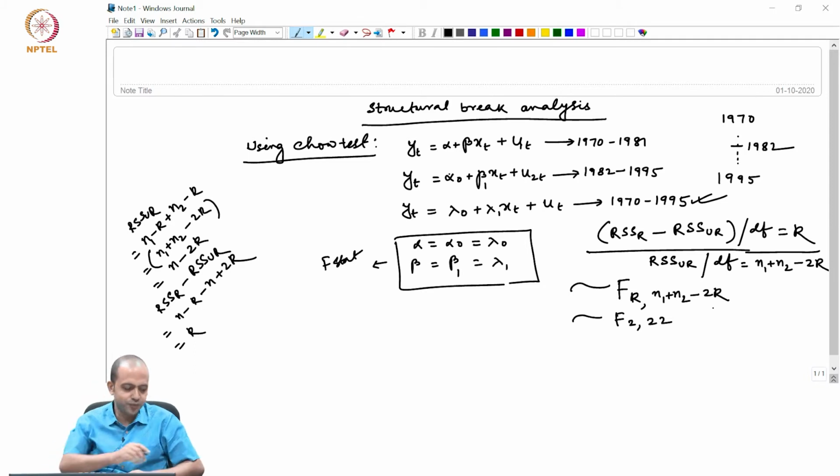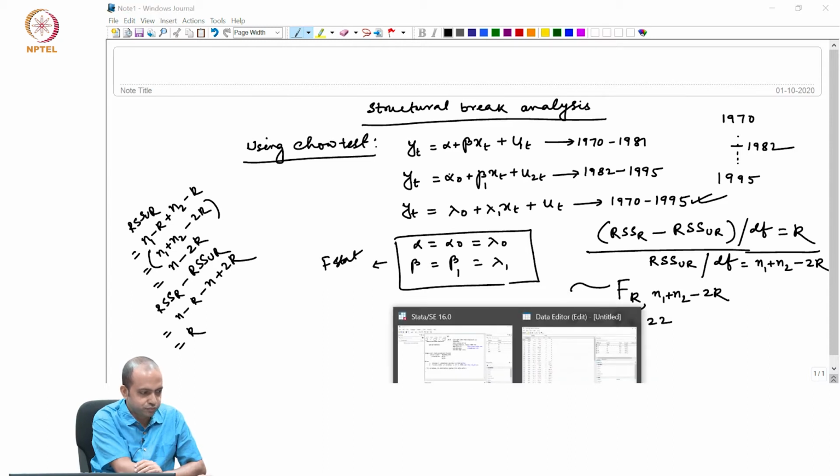So, we will quickly estimate the two models, and what we will do, we will just go to the data set once again.